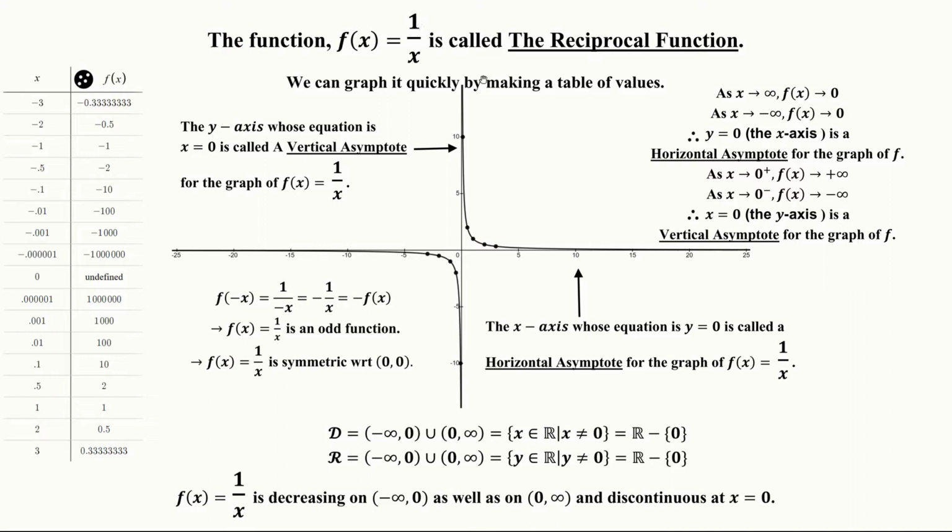So you can see, even though f of x equals 1 over x is the simplest rational function with a variable denominator, it is in fact still relatively complex compared to a regular polynomial. This addition of a denominator with a variable in it brings in some complexity that doesn't exist when there is no variable in the denominator.